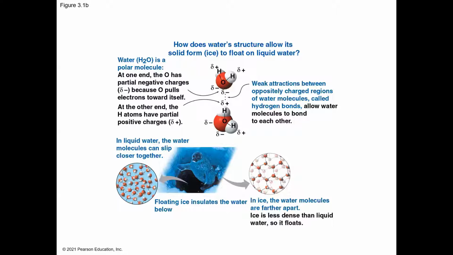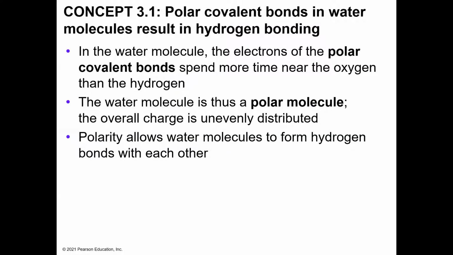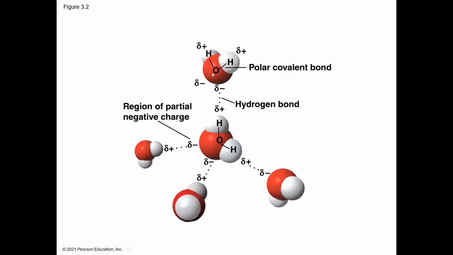Why life started in the water, and why water actually still takes more space on Earth than land, right? You agree with me? So, polar covalent bonds within the molecule of water.